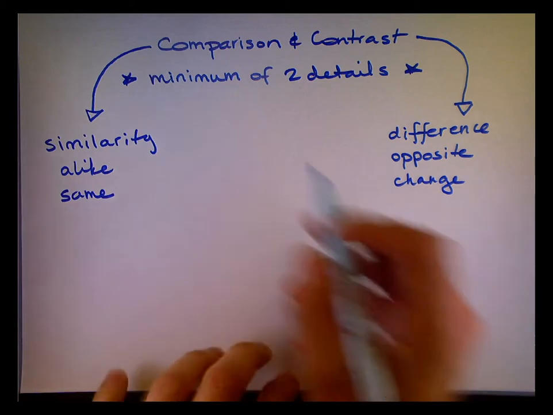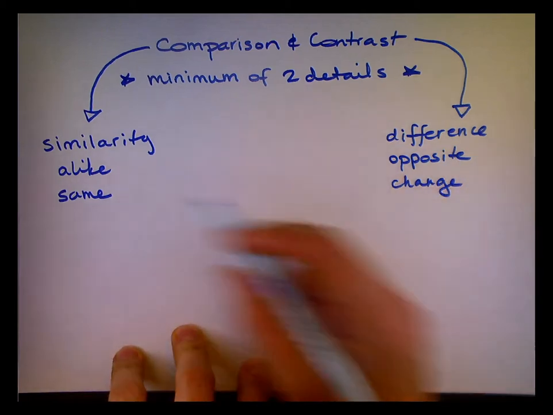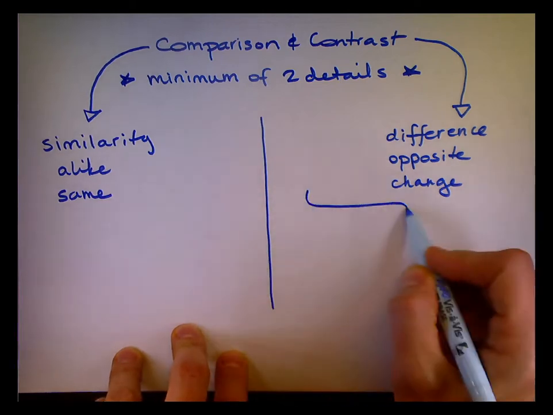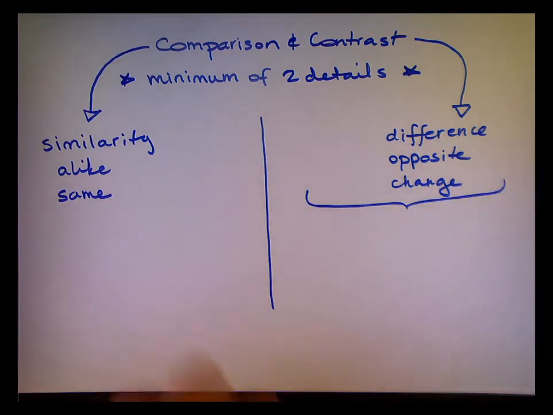All right, so these are what the 2 mean. What words can we use? What will be our clue words for contrast and our clue words for comparison? Again, I'm going to start with contrast.